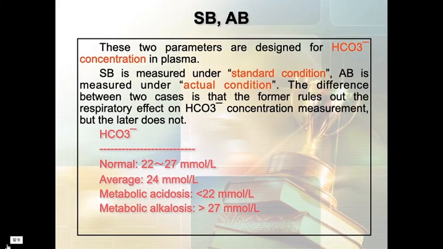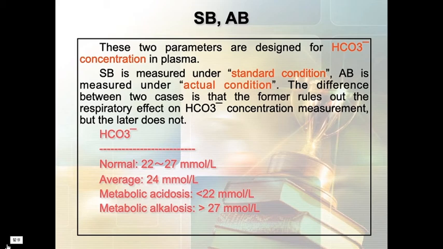SB, AB. These two parameters are designed for bicarbonate ion concentration in plasma. SB is measured under standard condition. AB is measured under actual condition. So standard condition, SB, is an ideal situation, and AB is a fact, real situation. The difference between the two is that the former rules out the respiratory effect on bicarbonate ion concentration measurement, but the latter does not.